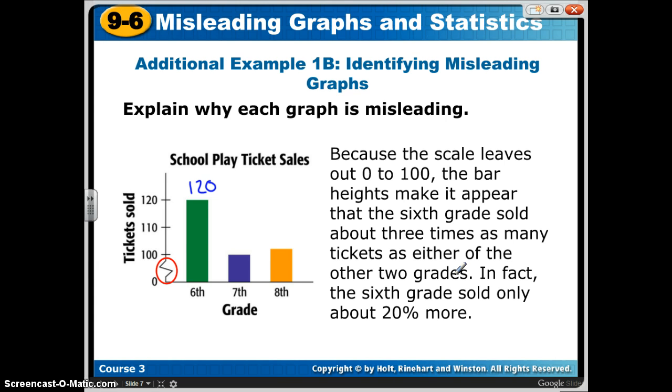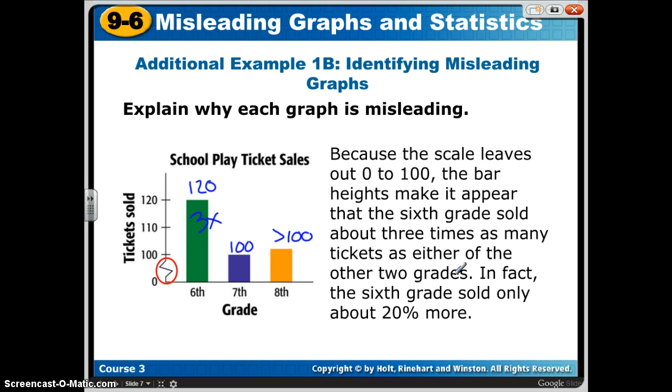You can see that the 7th grade sold about 100, and the 8th grade sold greater than 100. I don't exactly know the number of tickets. So the 6th grade technically only sold about 20 more tickets than the other 2 grades, yet their bar is about 3 times bigger than the 7th and 8th grade.